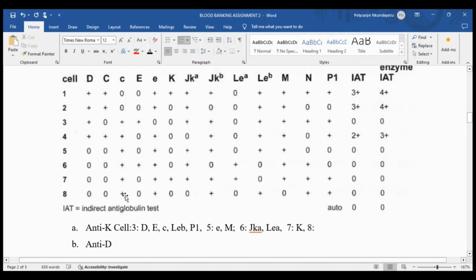Small c out. Only JKA, JKB out so far. Now we can remove JKB.